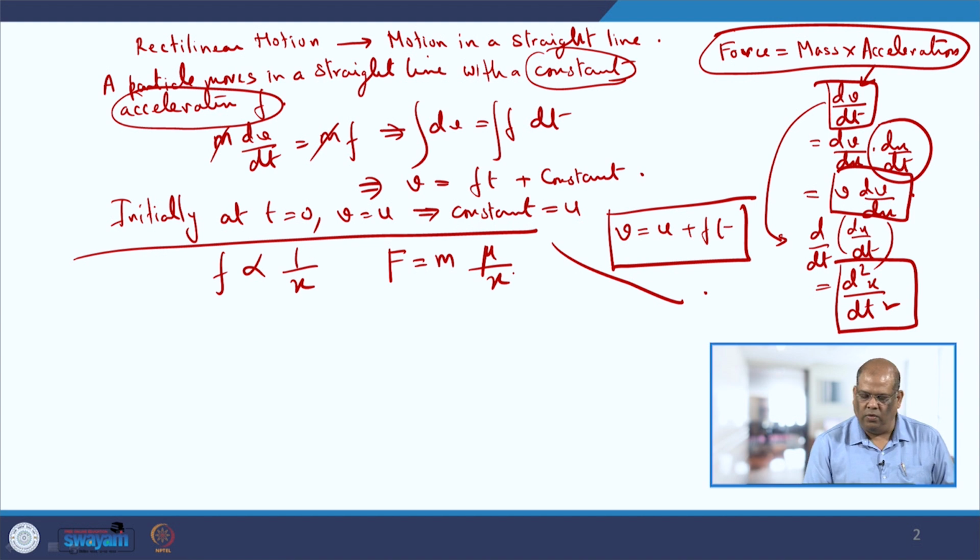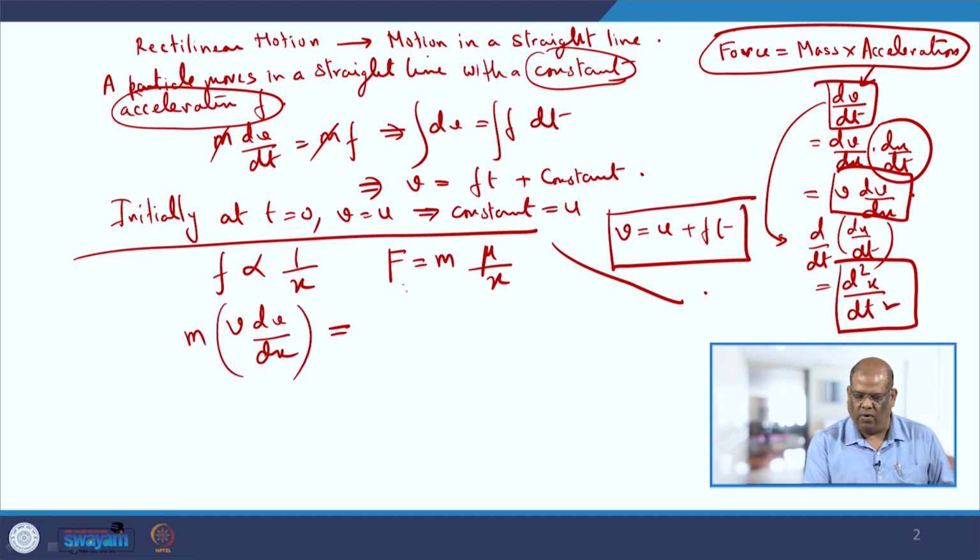And if we now use the equation, since this is a function of x, we use v dv/dx. This is the acceleration multiplied by mass, and that is equal to the force F, which is m mu by x.